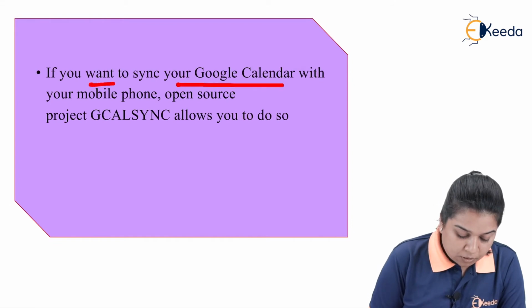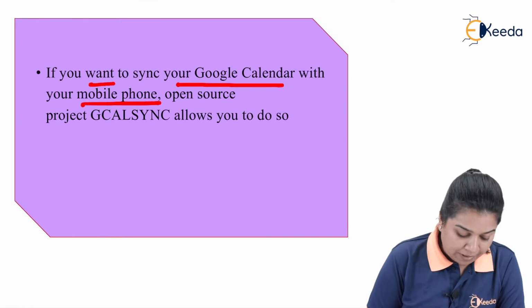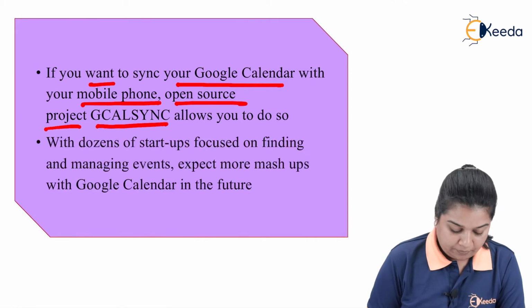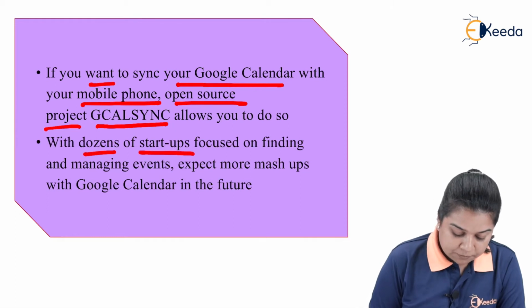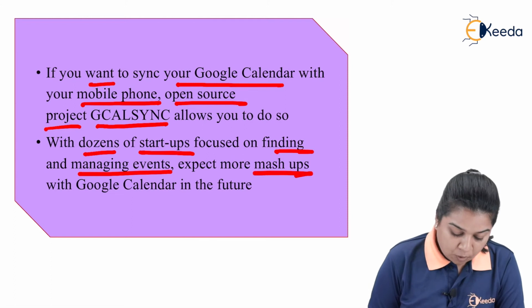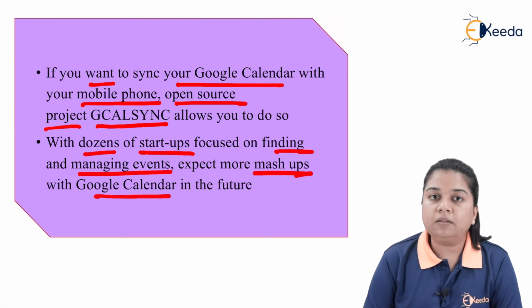If you want to sync your Google Calendar with your mobile phone, the open source project GCalSync allows you to do so. With dozens of startups focusing on finding and managing events, expect more mashups with Google Calendar in the future.